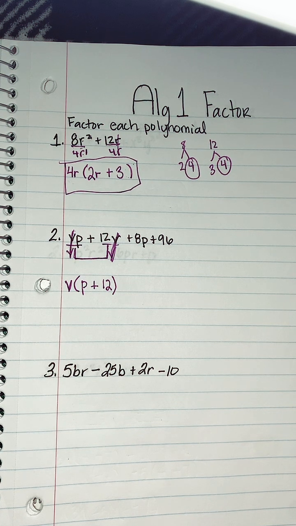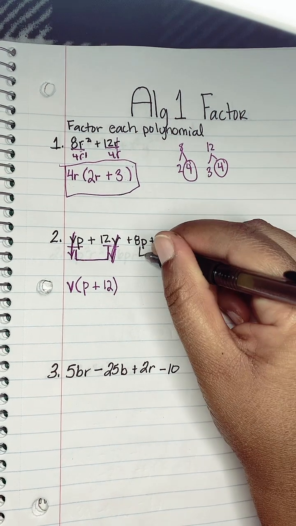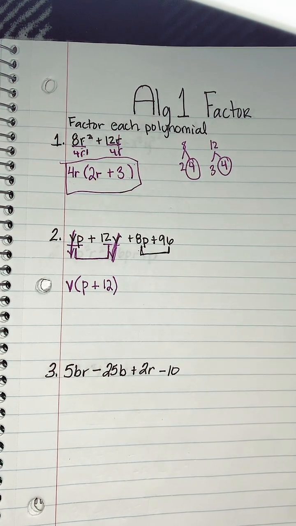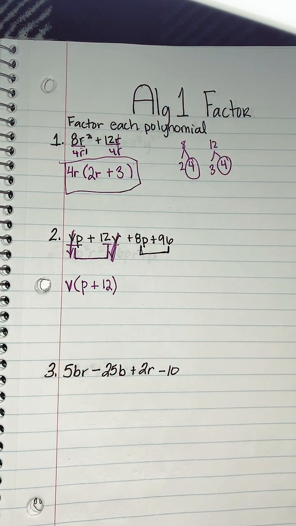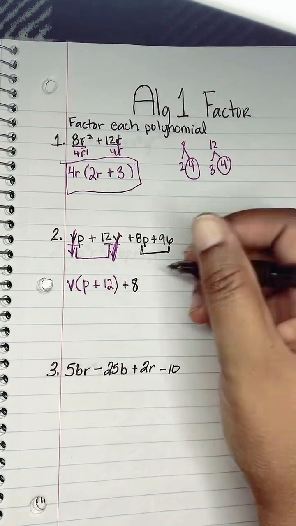Good, you guys. All right. Here we have, what can we take out of both of these? 8. Ethan said 8. Zion said 8. Good, you guys. So we have a plus 8.